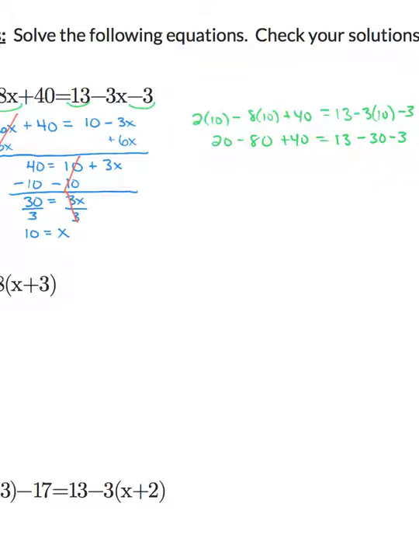If we combine our positives together, we have 20 and 40. This is going to give me 60 minus 80. I can do the same thing on the right side, or if you want, you can do 13 minus 3 to give you 10.